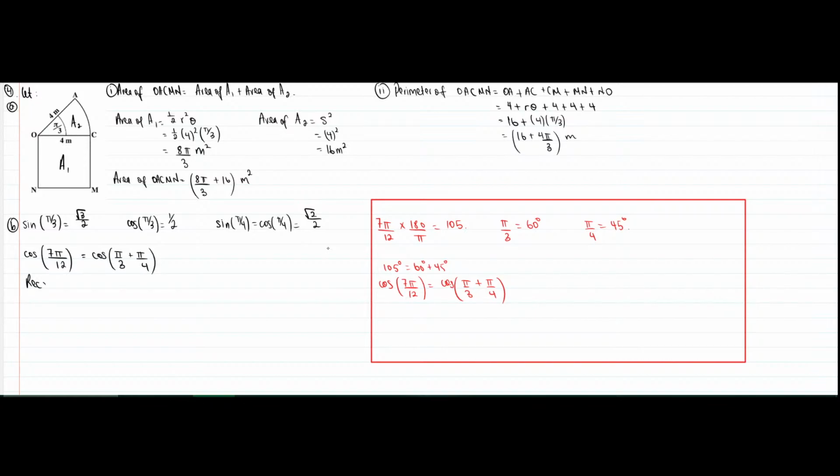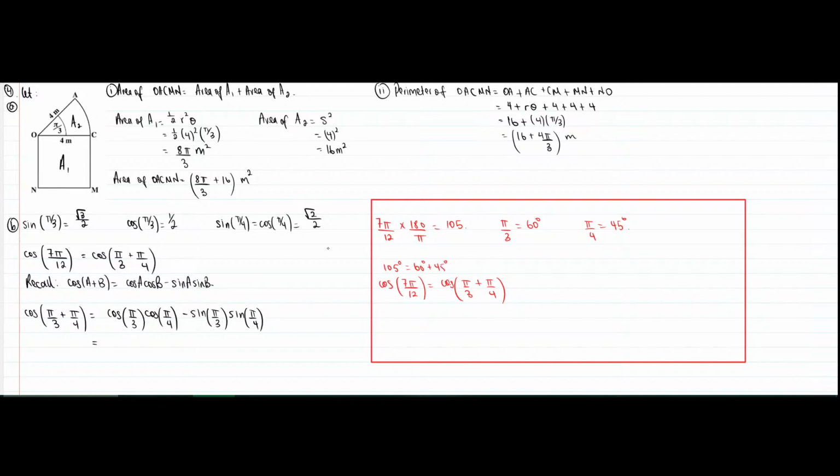We recall that cosine of A plus B is cosine A cosine B minus sine A sine B. So cosine of pi on 3 plus pi on 4 is equal to cosine of pi on 3 cosine of pi on 4 minus sine of pi on 3 sine of pi on 4.